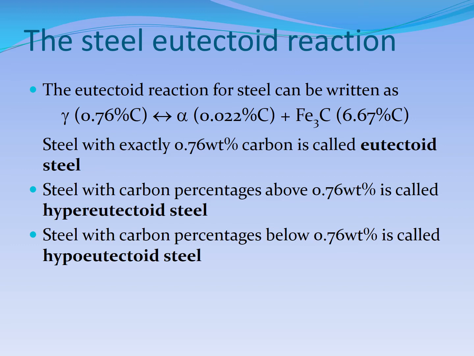If the percentage of carbon is below this amount, less than 0.76, 0.1, 0.2, 0.3, 0.4, all of these steels are hypoeutectoid steels. If the percentage of carbon is more than 0.76, 0.8, 0.9, 1, 1.1, 1.2, then all these steels are hypereutectoid steels. So this is a name.